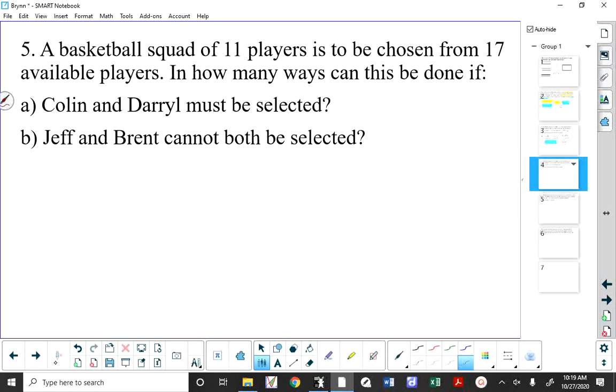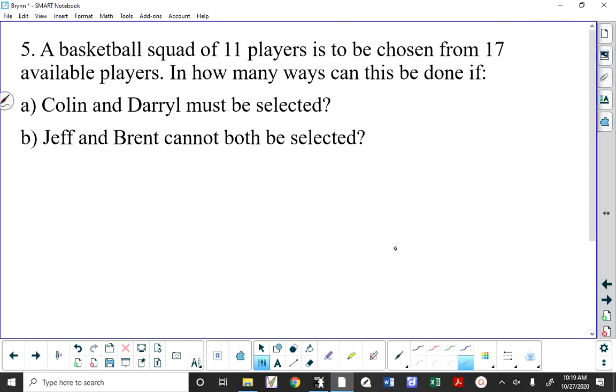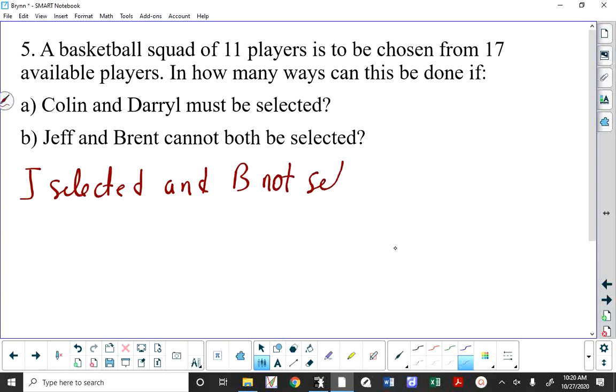Question B says that you're going to pick the 11 players. Jeff and Brent cannot both be selected. Well, what does that mean? Does that mean that neither one of them can be selected? No. It means we could have Jeff selected and Brent not selected.